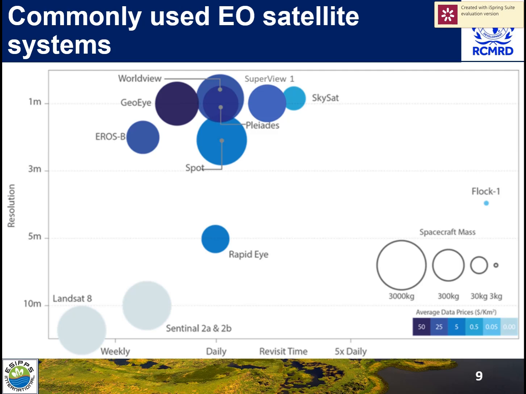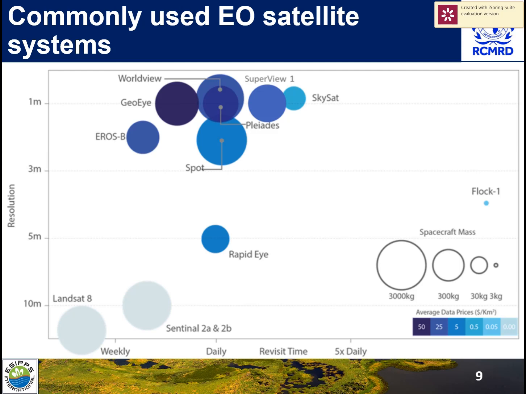Then when we pick an example of GeoEye, GeoEye has between a week and daily revisit time and a very high spatial resolution of 1 meter. That is the same for WorldView, which is daily with a high resolution of 1 meter.